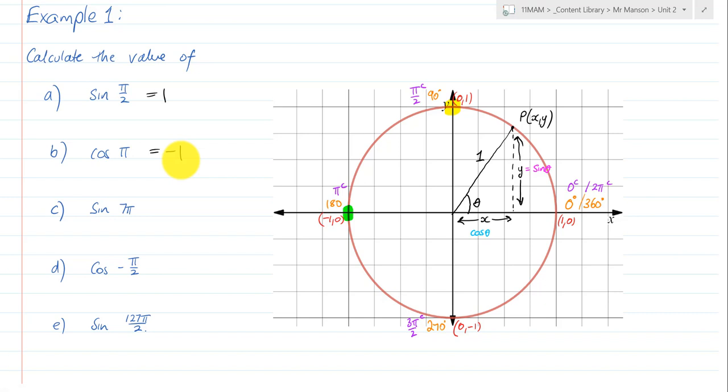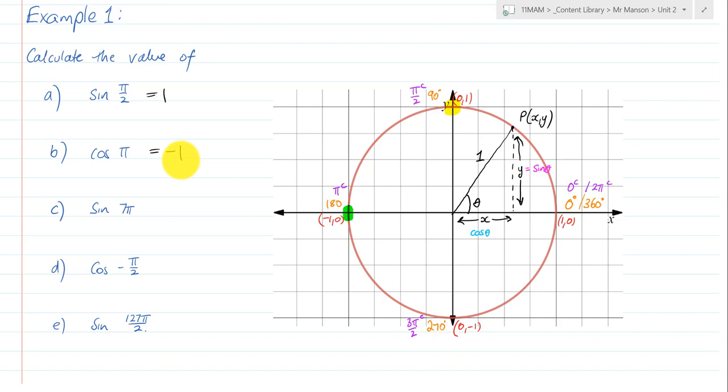Okay, sine of 7 pi. Here's my next question for you. Anybody want to talk to me about sine of 7 pi? It goes 180 degrees 7 times. Can you visualise, if I go around half a circle 7 times, where do I end up?